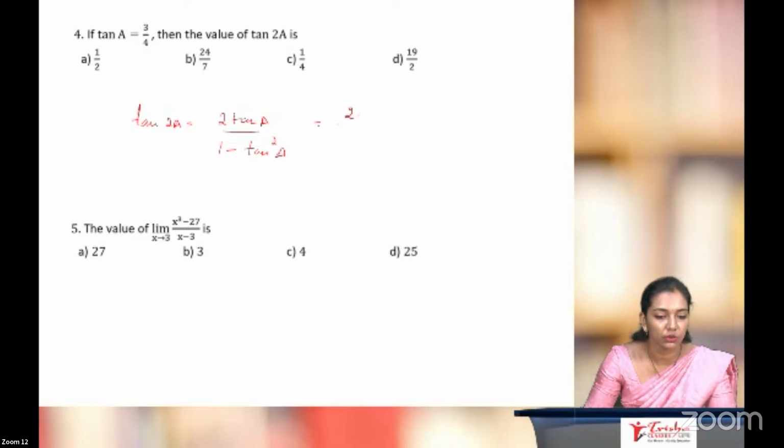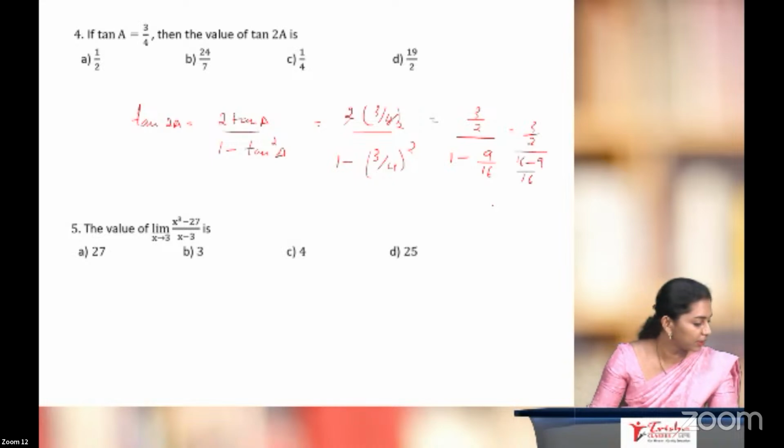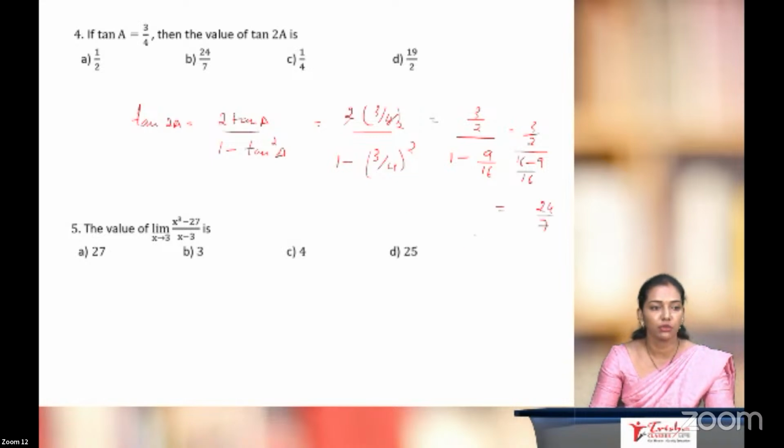So 2 into 3/4 divided by 1 minus (3/4) whole square. Okay. So just you can simplify here. So 3/2 divided by 1 minus 9/16. Okay. So simplify this. So you can actually take the LCM here. So 3/2 divided by (16 minus 9)/16. Okay. So ultimately, the answer you're going to get is 24/7. Just check with the answer. 24/7.